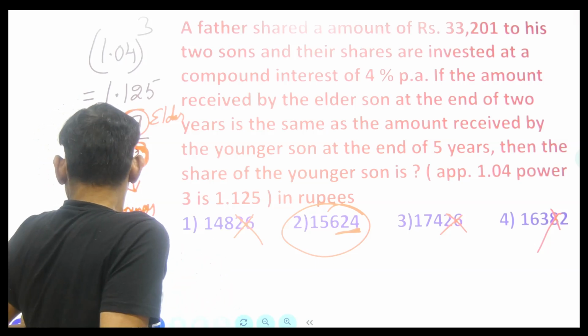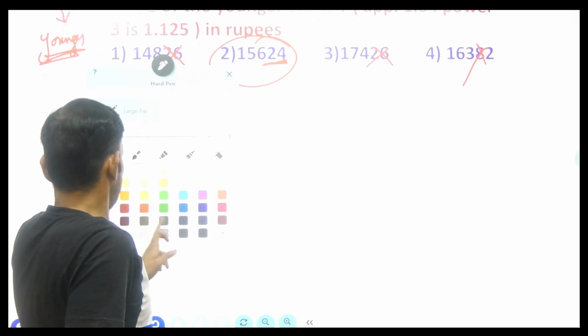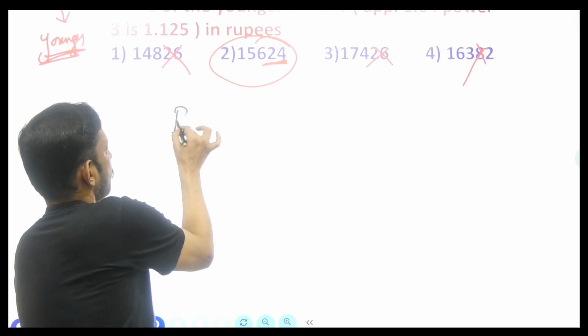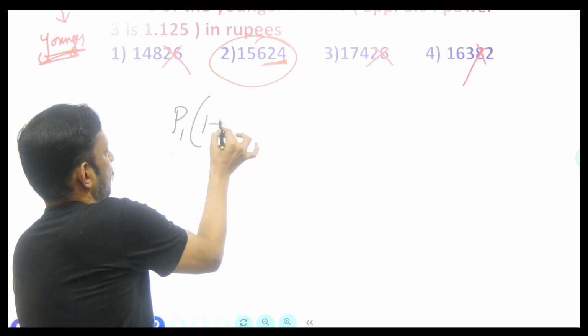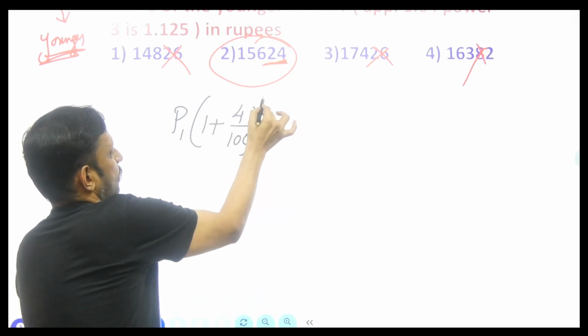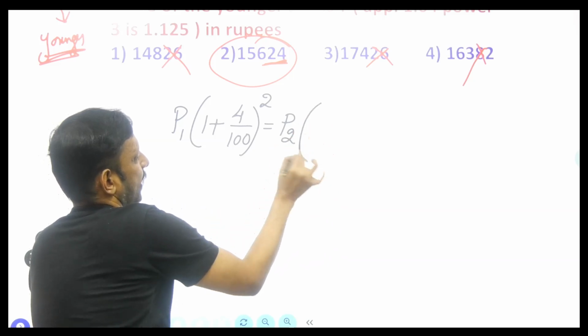Let us see. Now, see here, the amount received by the elder son, 1 plus 4 by 100 whole power 2, is equal to the amount received by the younger son.